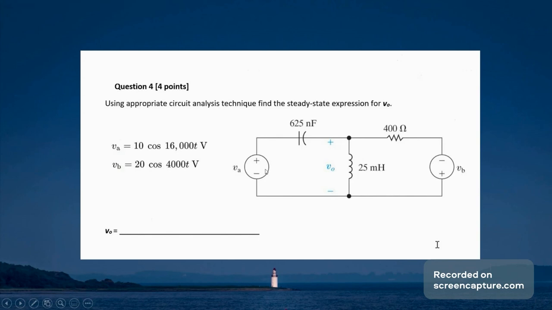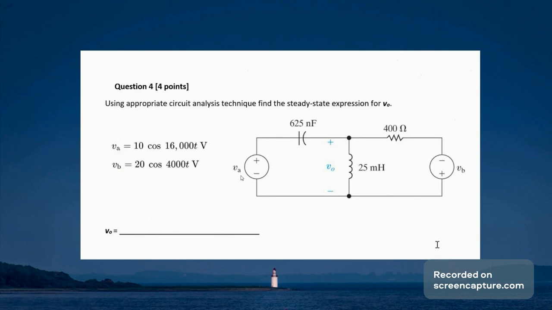Save this value, and now we will turn off VA, pretend it's not in the circuit, and focus on VB. As you can see, VB is upside down, so you may want to draw your picture accordingly. Either way, this inductor and this capacitor are now in series because VA is not in the circuit. So we do the same thing that we did in the other step.